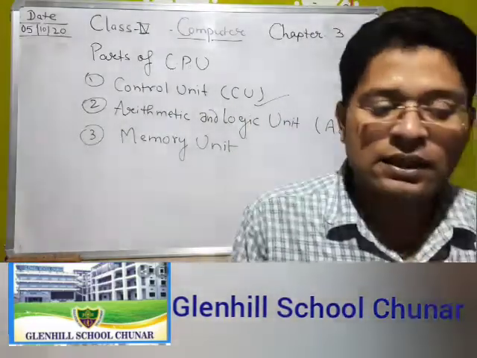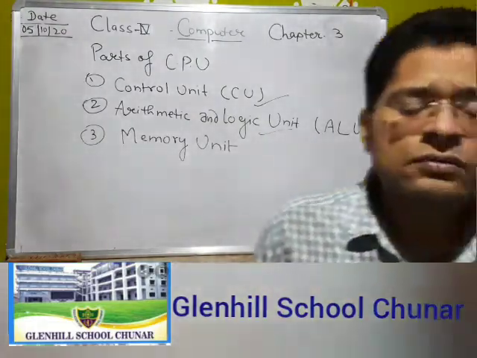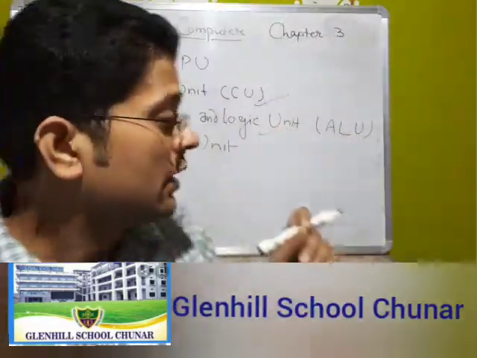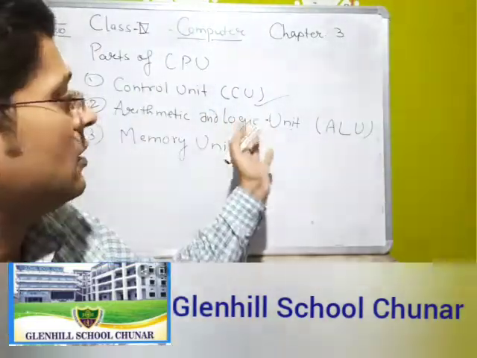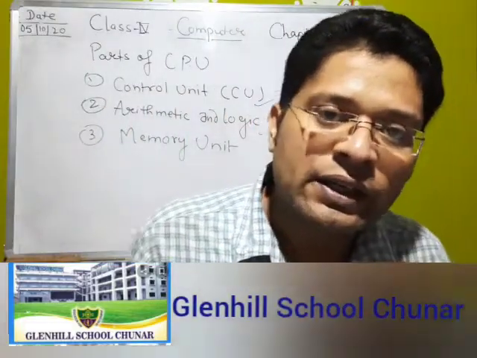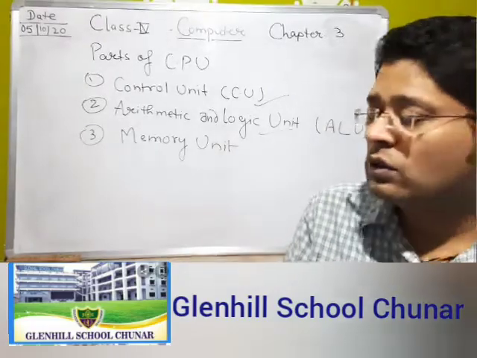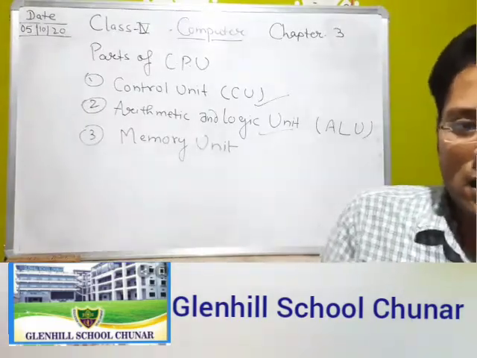And the ALU, the arithmetic and logic unit: all the mathematical calculations, comparisons and logical operations are performed by the arithmetic and logic unit. Logical operations use conditions along with logical operators like AND, OR, NOT.